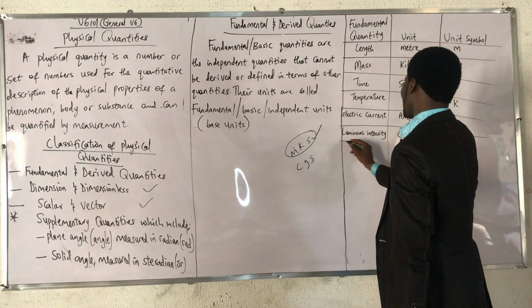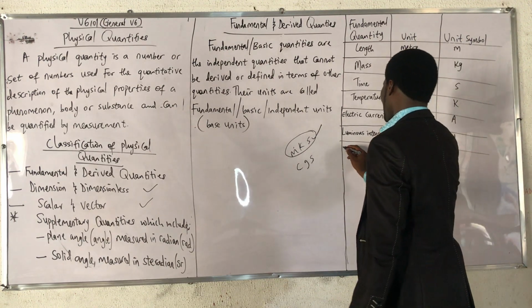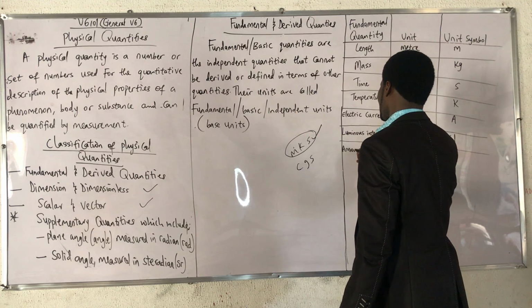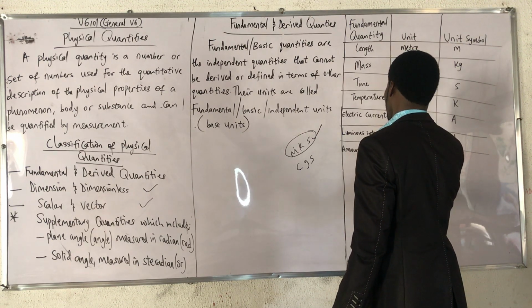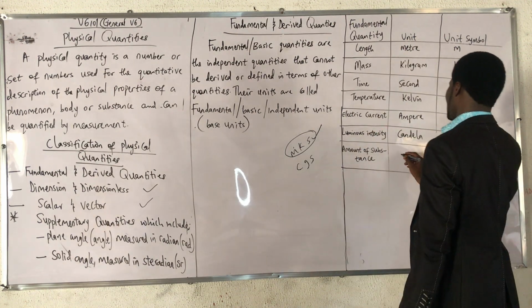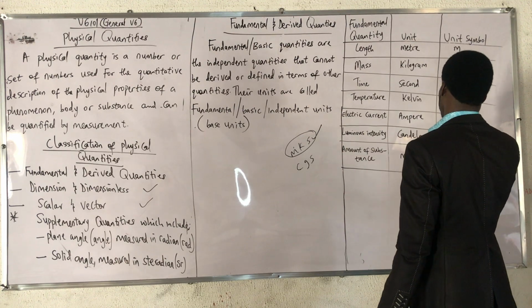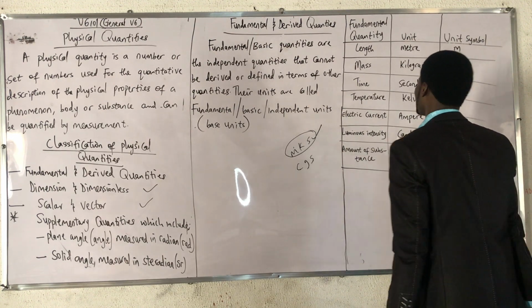We use cd for that. Then lastly, we have amount of substance, whose unit is mole. We use mol for that.